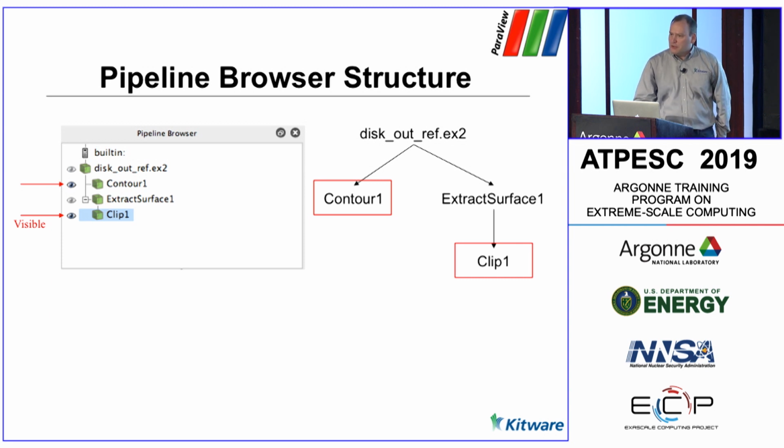You'll find a control on the display section of the properties tab, which makes things visible or not visible, but this is the easiest way to go about hiding or showing something. And as I said before, ParaView is very context sensitive. The controls that you see on the properties tab reflect the currently active item of the pipeline browser.